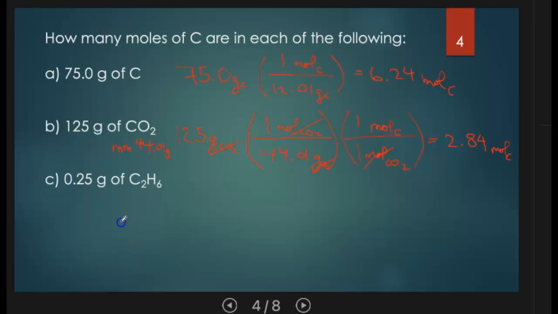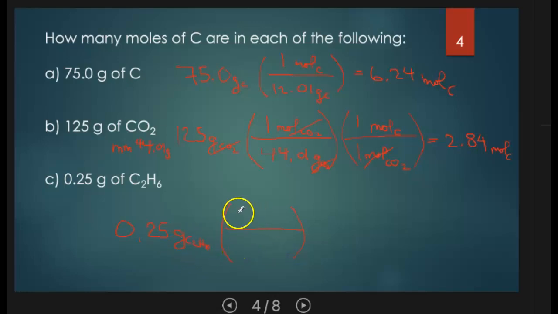All right, last but not least, we have 0.25 grams of ethane, C2H6. It's going to look very much like the second one we just did, right? So first we're going to get into the moles of C2H6.